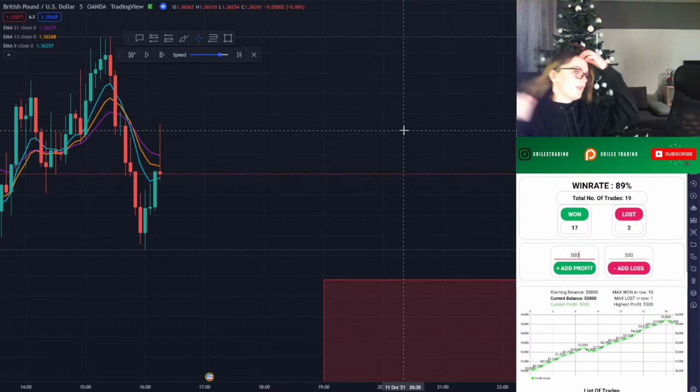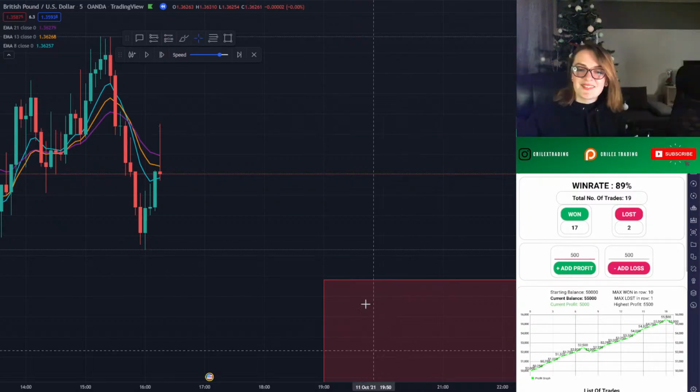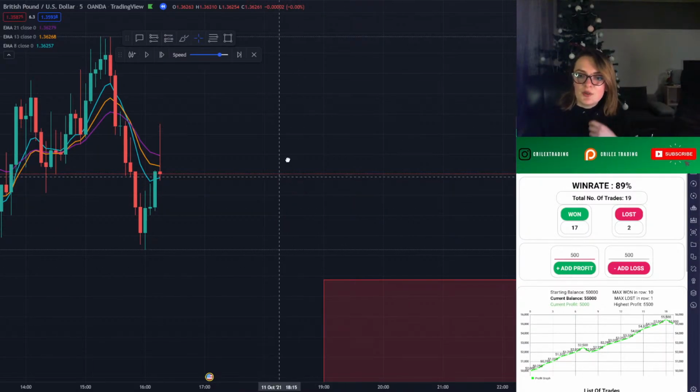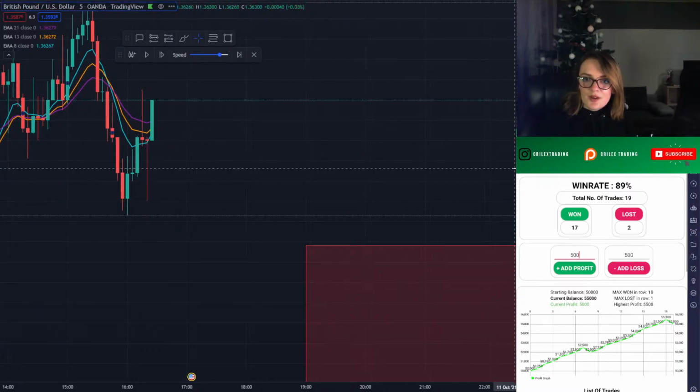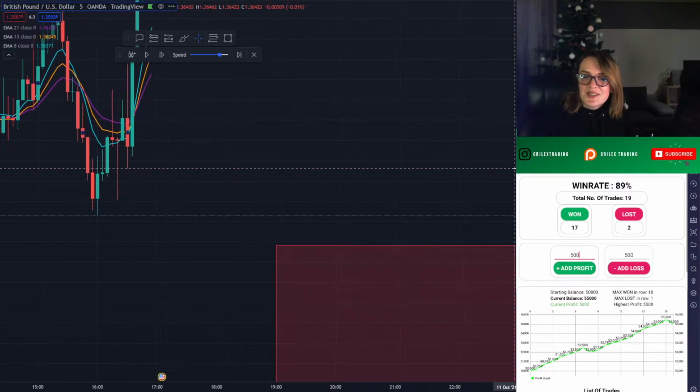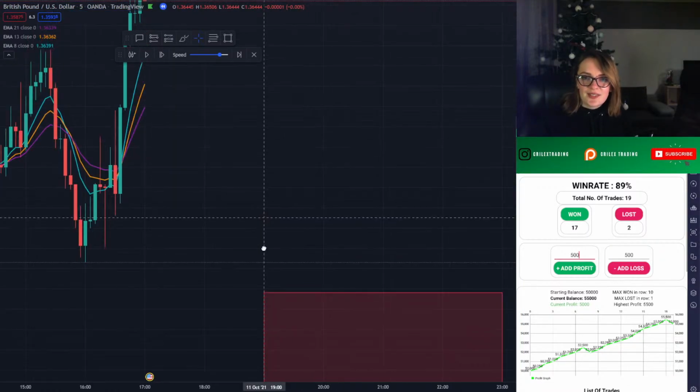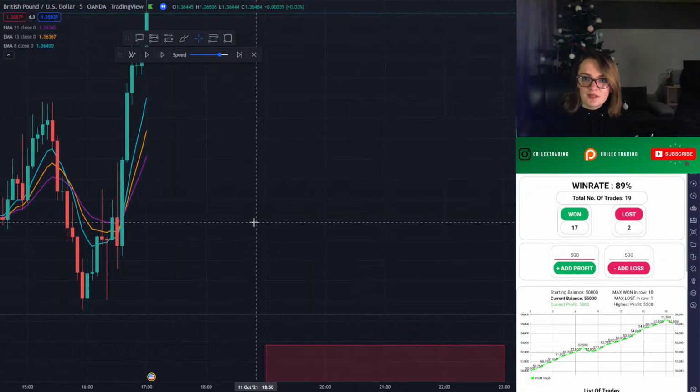Okay, so back. The cable is on. So we are in no man's land zone now, but we are close to this sell zone here. And let's see what will happen.